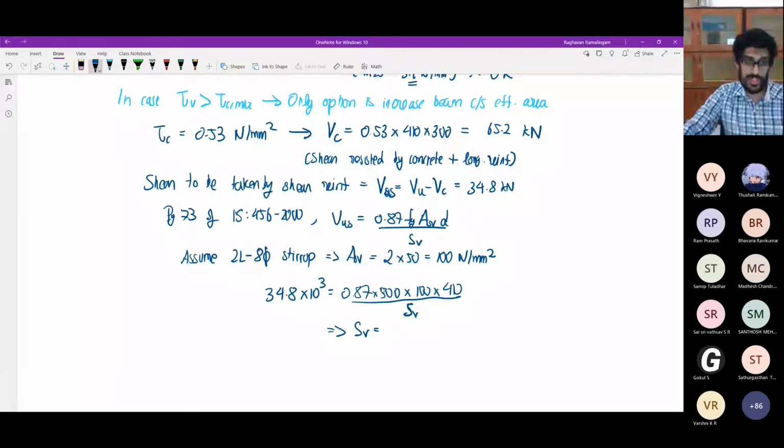Where is that? Actually, 300 is the limit, so you cannot give more than 300 in any case. Somewhere it should be mentioned.